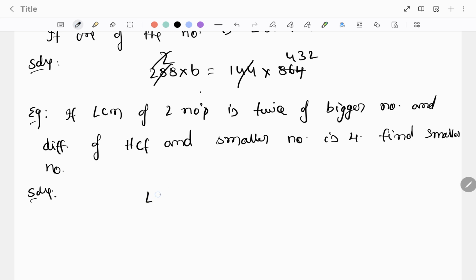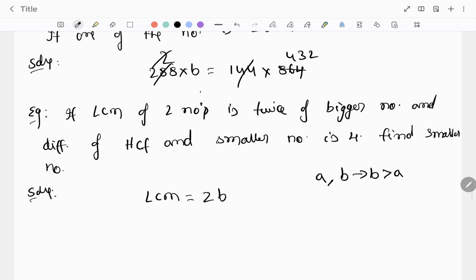Given that LCM is equal to twice the bigger number, and taking the two numbers as A comma B where B is greater than A, LCM is 2B. The difference of HCF and the smaller number: A minus H. We should not take H minus A because HCF is smaller than the given numbers.